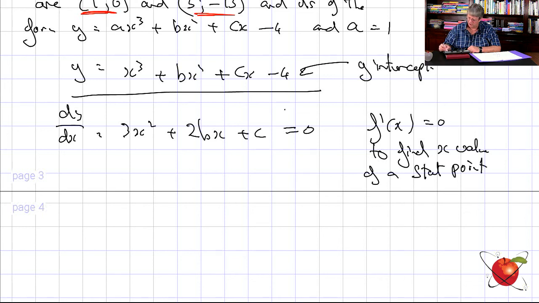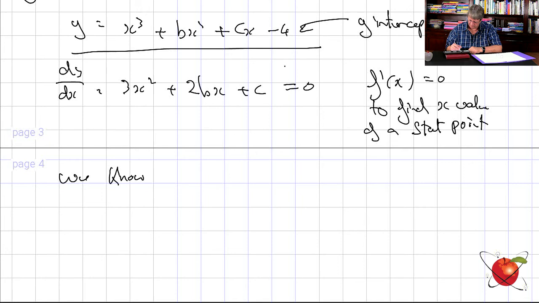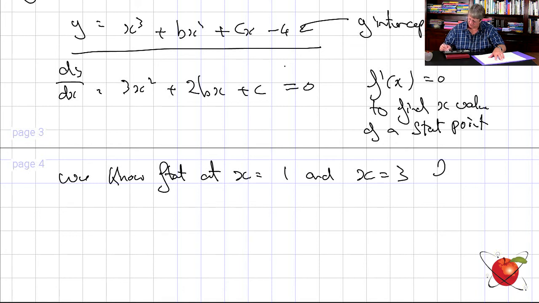stationary point. Let's just recap this. The process said take the first derivative, put it equal to naught, and solve for x. That is the x value of the turning point. But I've just given you the x value now of the turning point. Let's just think it through. We know that at x equals 1 and x equals 3, f prime of x is equal to naught.